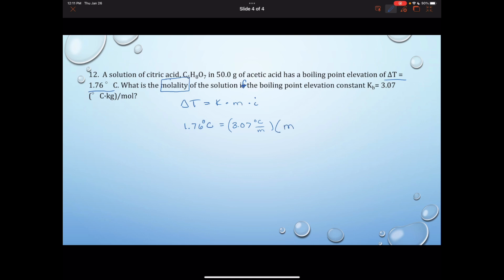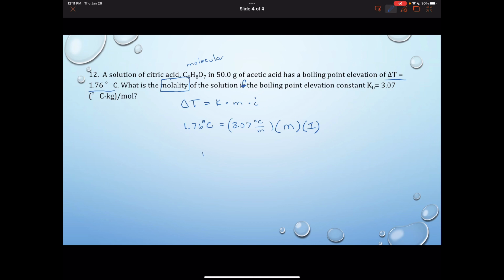We're looking for our molality. And then we look at that formula, C6H8O7, it's all nonmetals. And since it's all nonmetals, this is molecular. It's a non-electrolyte, so its i value is 1.